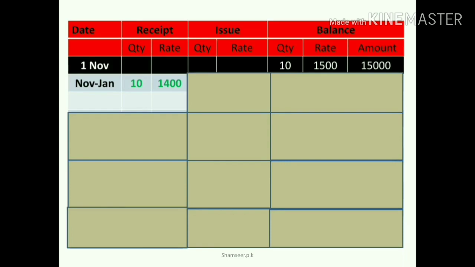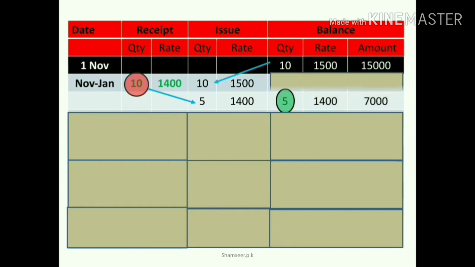Now it is time to issue. They want to issue 15 units. It is in the question, 15 units. It is first in, first out, so we will be issuing the opening balance first. Then we will take from the first quarter purchase.